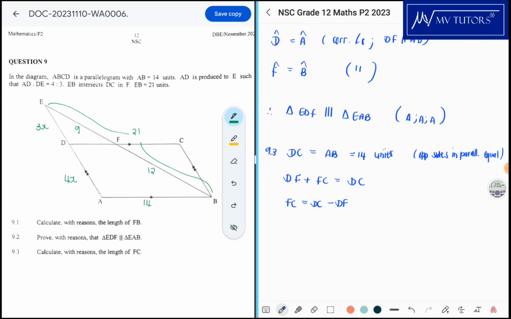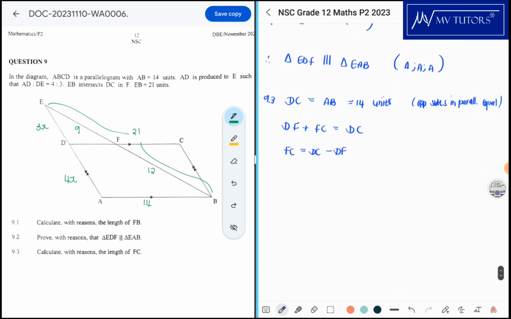So the whole point here is to get DF. And because in the previous question we showed that triangle EDF is similar to triangle EAB, we can then say ED over EA is equal to DF over AB, which is equal to EF over EB. That's why I said it's quite important how you write it.